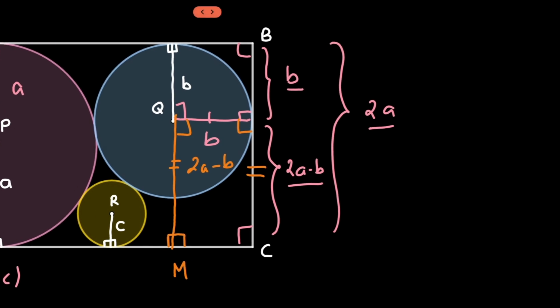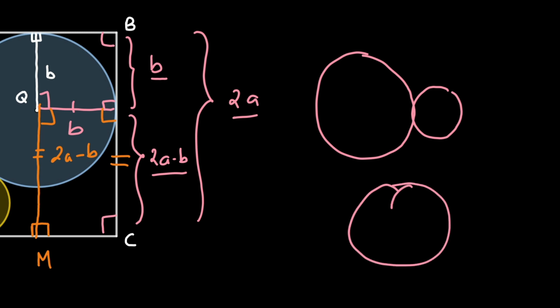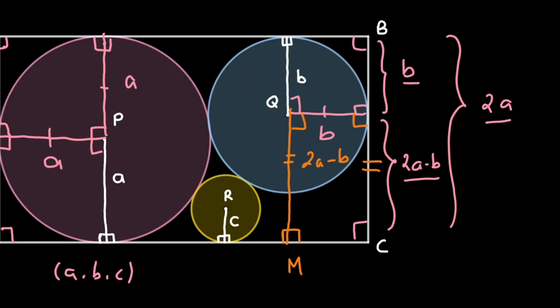Okay. Now recall the theorem that if two circles are tangent to each other, either externally or internally, in both cases the centers of both circles and the tangent point, these 3 points, are always collinear. So here also we can see that all these three circles are tangent to each other.